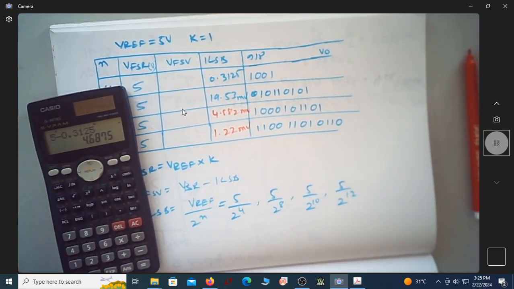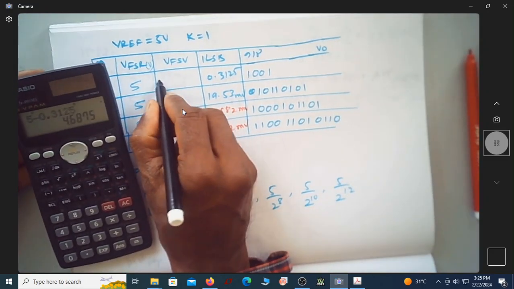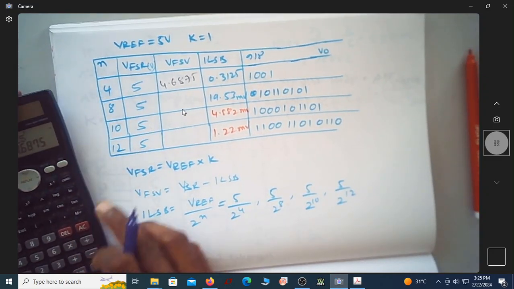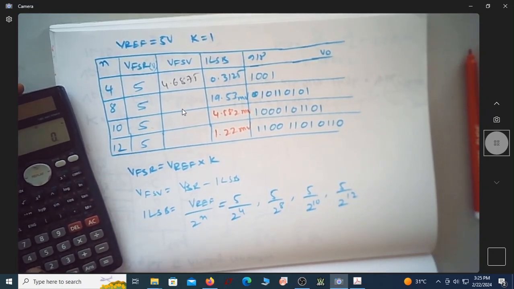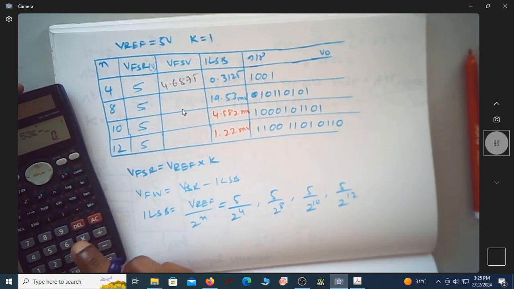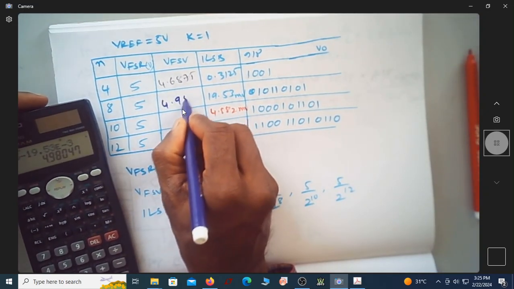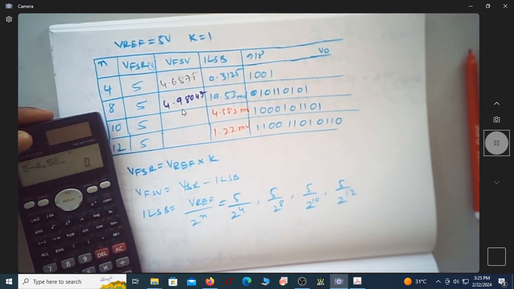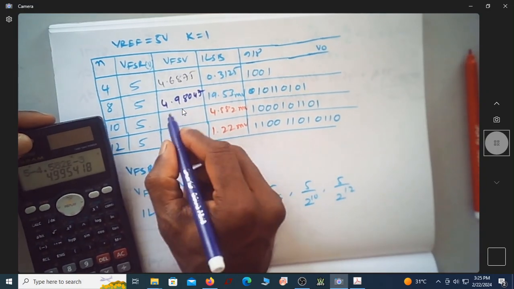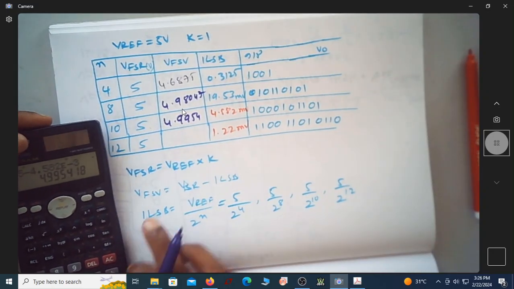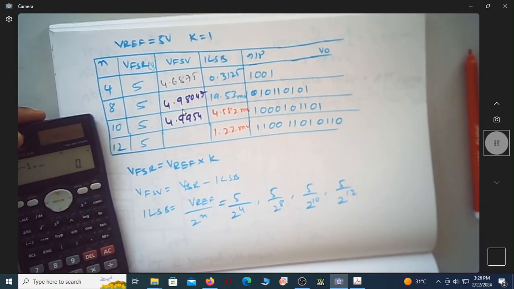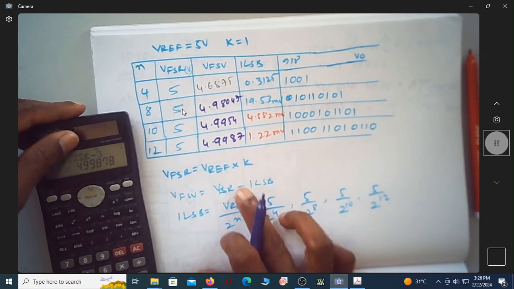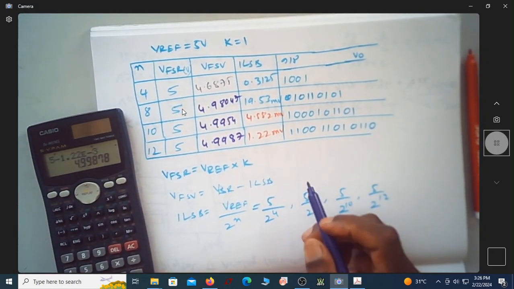So I will get a maximum voltage of 4.6875 volts, and if it is this, it is 5 minus 19.53 millivolts, which is 4.98047 volt, and here it is 5 minus 4.882 millivolts, which is 4.9951 volt, and here it is 5 minus 1.22 times 10 to the power minus 3, it is 4.9988. These are all the full scale voltages you can think of.